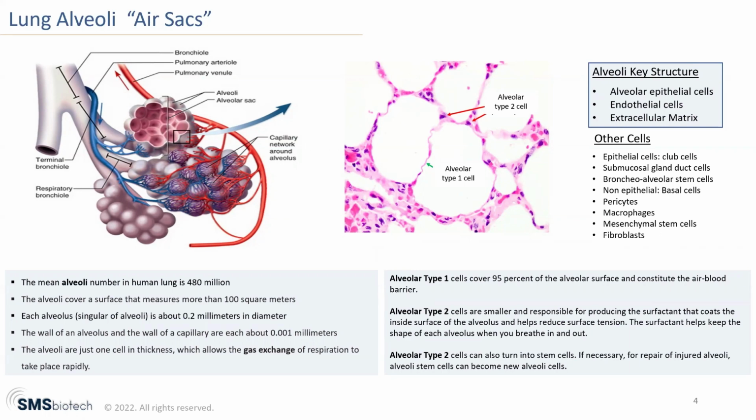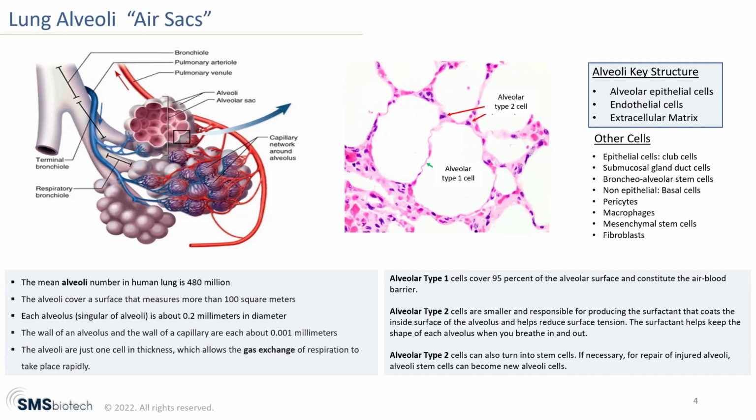Type 1 cells occupy actually 95% of the surface of the alveoli and are responsible for gas exchange. Type 2 cells produce surfactants that maintain the structure of the alveolus and are able to proliferate and generate alveolar type 1.